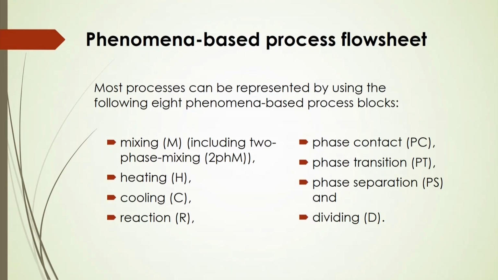And most of the processes can be represented by using the following 8 phenomena based process blocks: mixing, including two phase mixing, heating, cooling, reactor, phase contact, phase transition, phase separation and dividing. So, these are the different phenomena based process blocks.